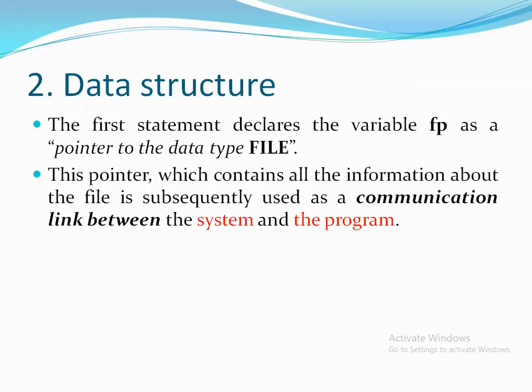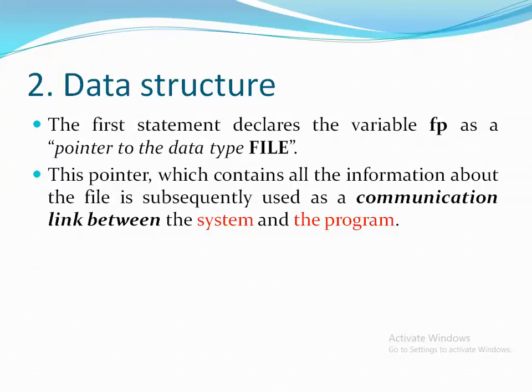The operating system controls our system memory, our mobile memory, our mobile screen or laptop screen, the total parts of the system. The total part of the mobile or laptop is controlled by the operating system only. So with the help of the file pointer only, from our program to the system we are sending some instructions.